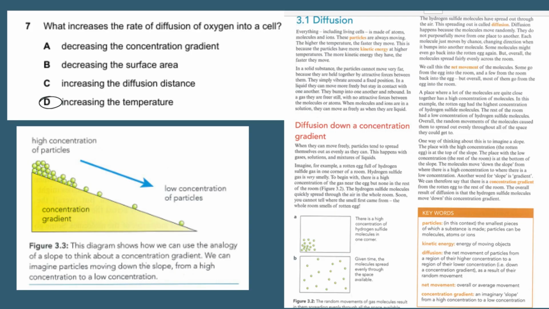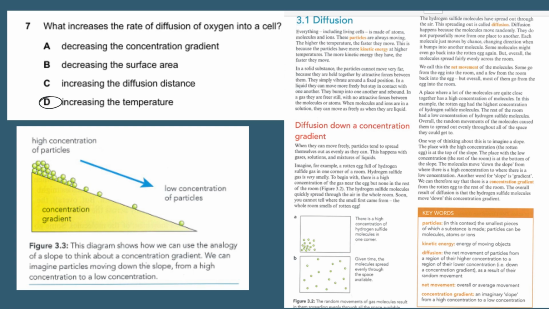For diffusion, particles do not move through a partially permeable membrane. If a partially permeable membrane is used, it should be osmosis, which is the opposite of diffusion, meaning low concentration to high concentration. So keep these points in mind.